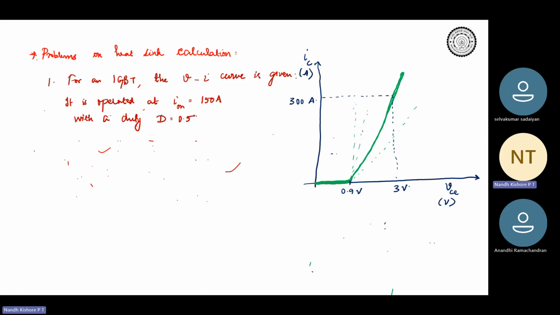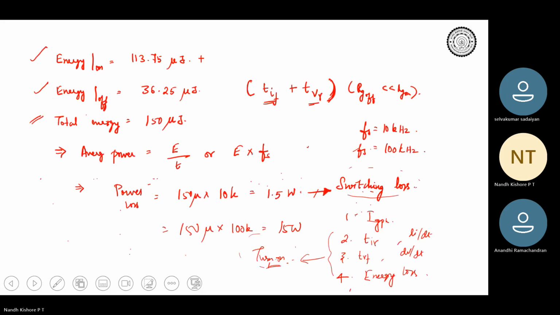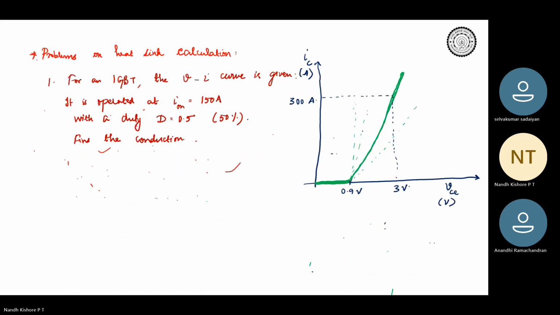That is, you are operating the converter at 50% duty ratio. Find the conduction loss. This is a pretty simple one.